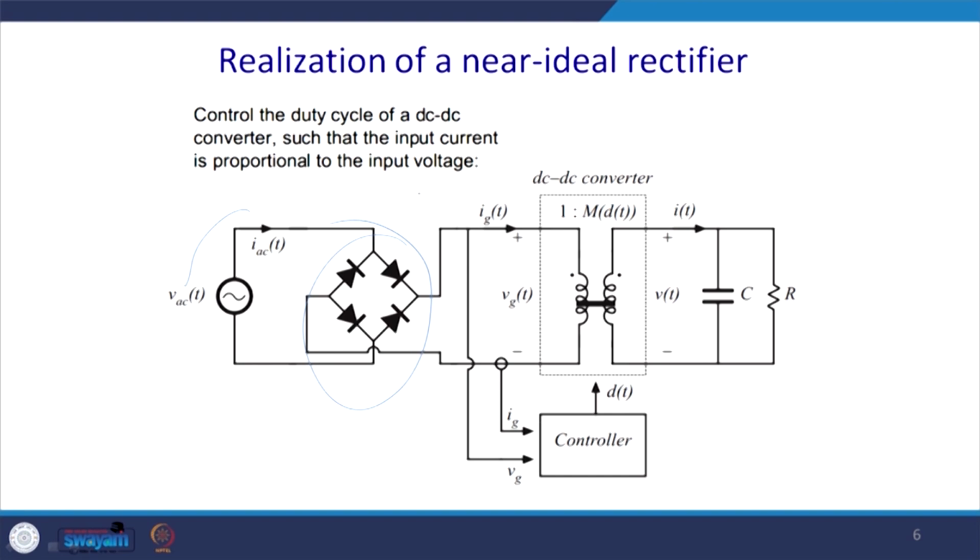With the absence of the capacitor, we will have a profile like this, and similarly I_g will also try to maintain within the range of V_g, and thus this instantaneous multiplication matches. Ultimately on this side you get a ripple DC, but with the DC to DC converter you get a constant DC.